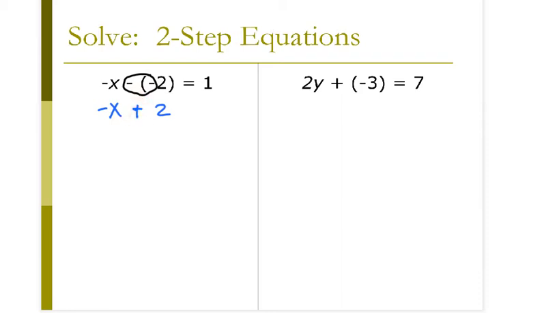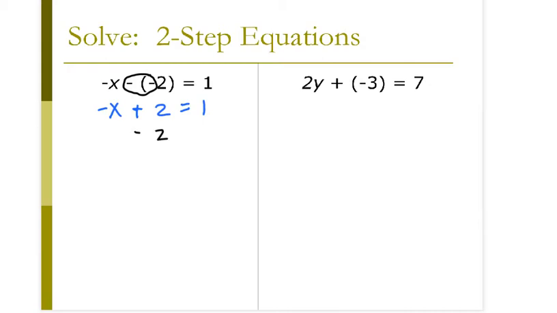So we can bring our equal sign down and our 1, and now we can start applying inverse operations. Because we have addition here, we have to apply the inverse operation, and the inverse of adding 2 is subtracting 2.